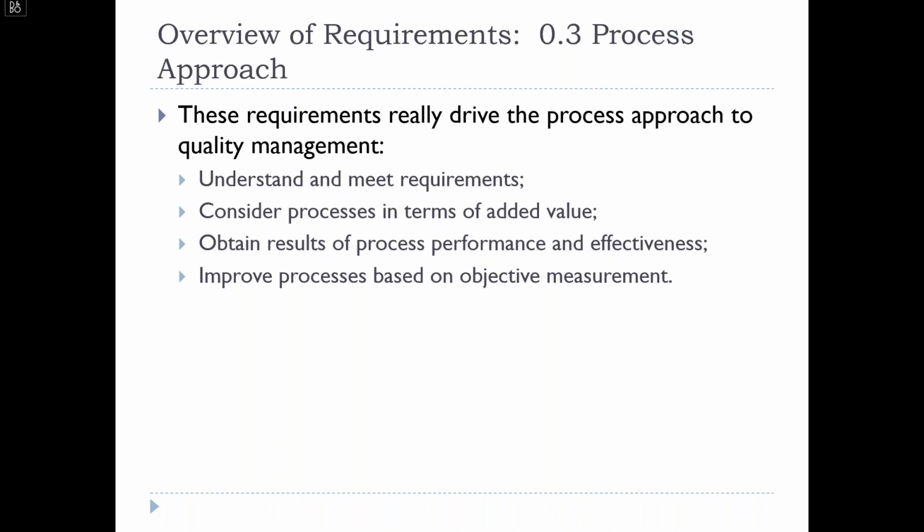And once you've identified those processes, you need to see how your processes are performing. If a process isn't meeting a performance target, you need to take action and improve those processes based on that objective measurement. Essentially, what gets measured gets done. It gets implemented, it gets improved.